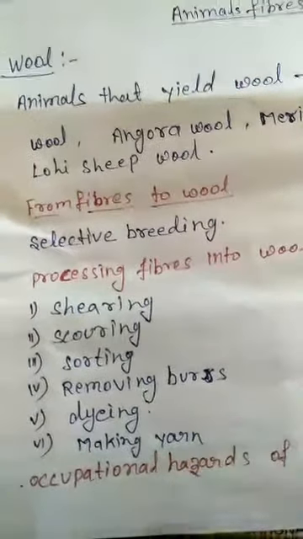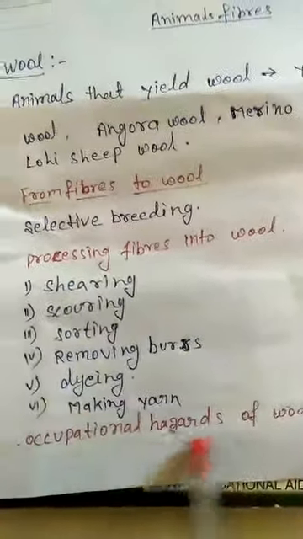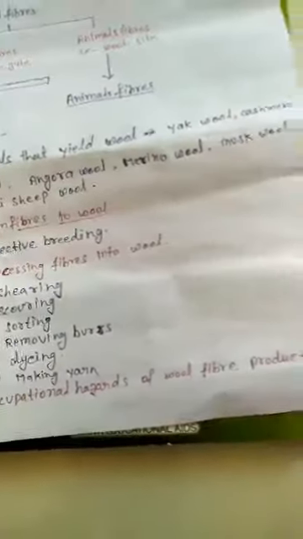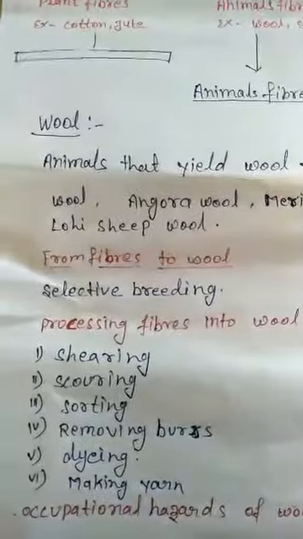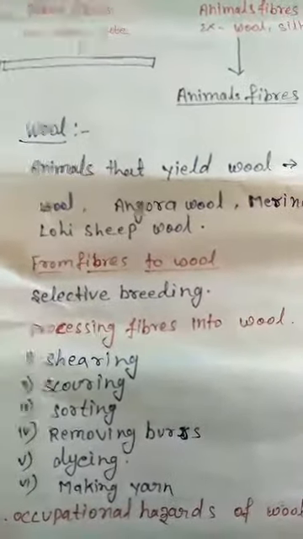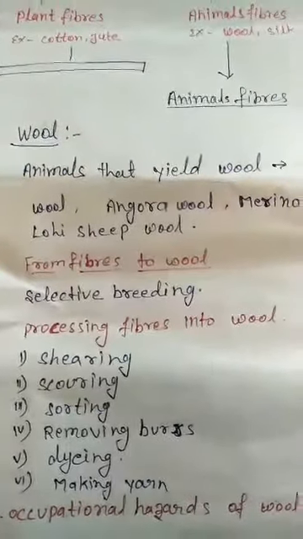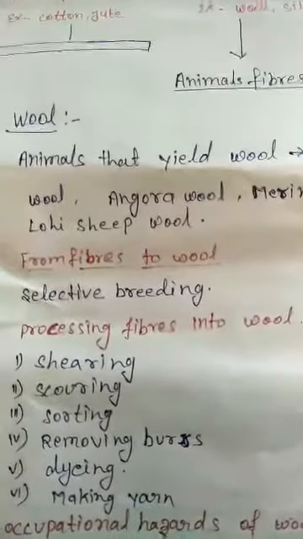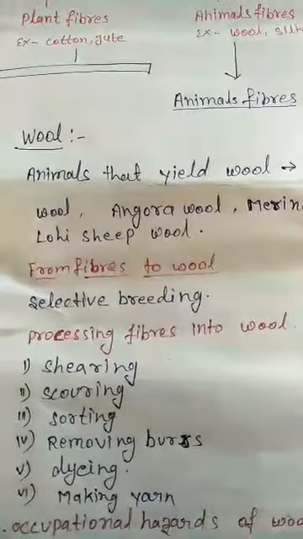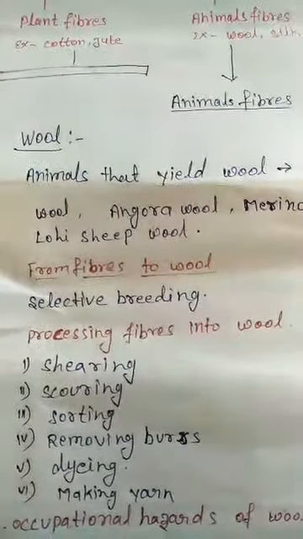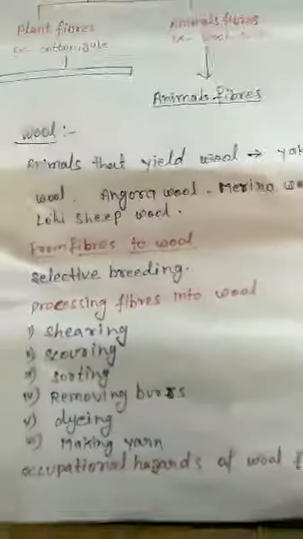Okay, students. The next is occupational hazards of wool fiber production. Sometimes the workers of the wool industry get infected by a bacterium called anthrax, which causes a fatal blood disease called Sorter's disease.